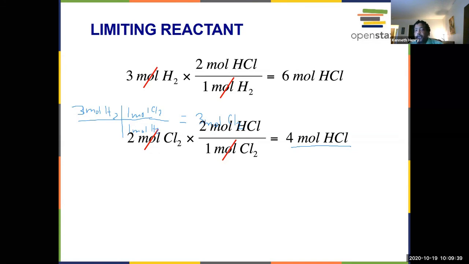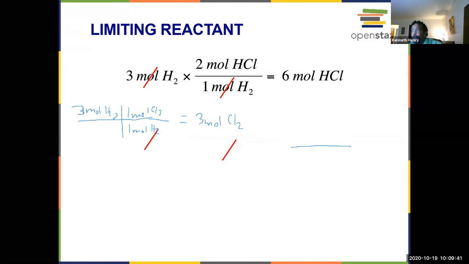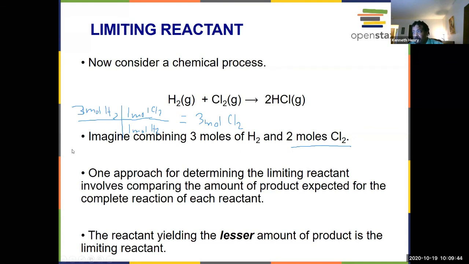So what I mean is that by looking at chlorine, we're comparing the amount of chlorine that we would need if we started off with hydrogen gas to what we actually have of chlorine. We're not comparing that to hydrogen. Do you understand? So we want to compare what we would need to what we actually have of that same gas.